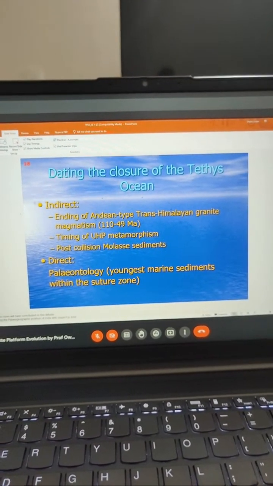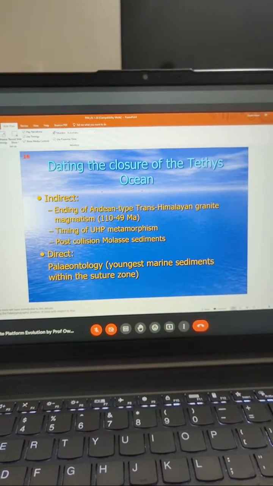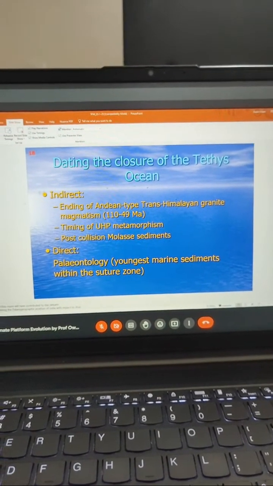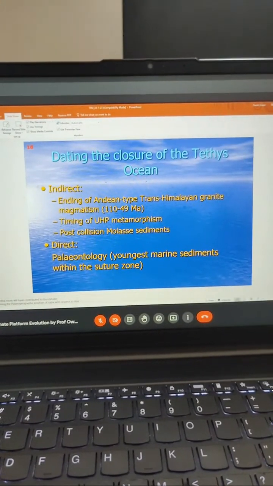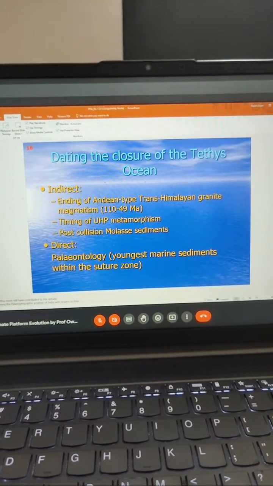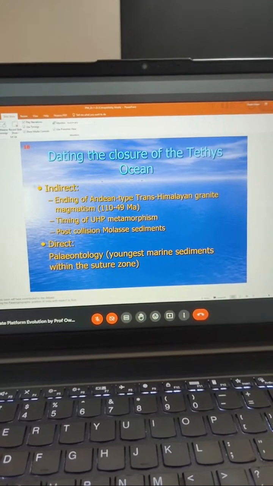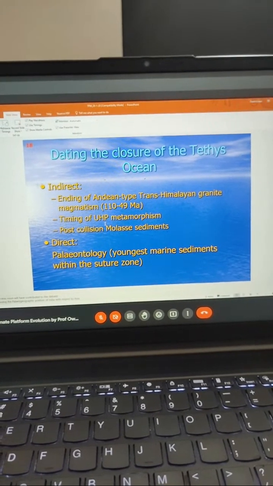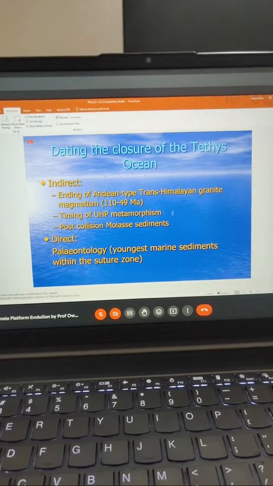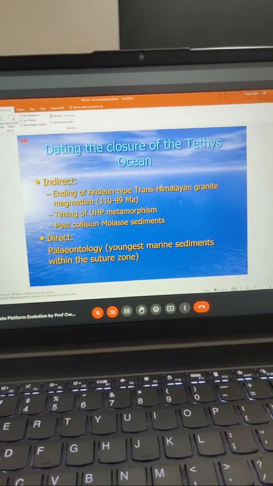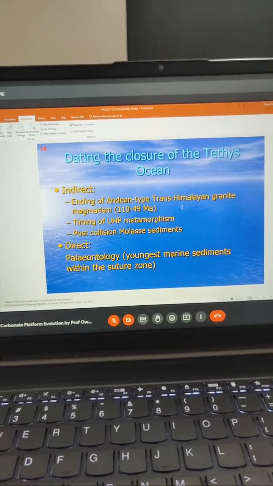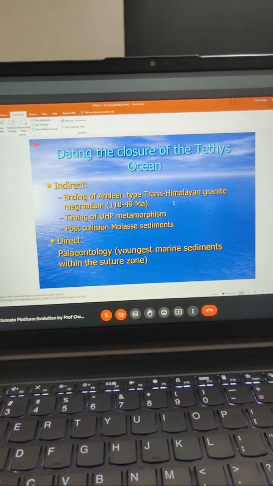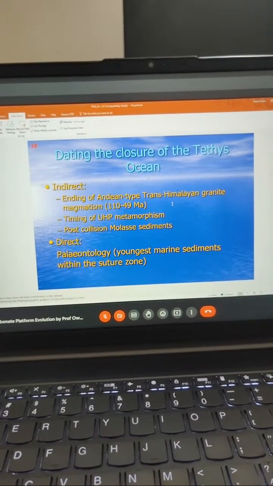So we've got indirect methods of dating, which is the granitic magmatism that's going on, and clearly that will give us an absolute date. There we've got the timing of the ultra high pressure metamorphism, and both of these two areas are ones that Mike Searle has had students working on over the years.